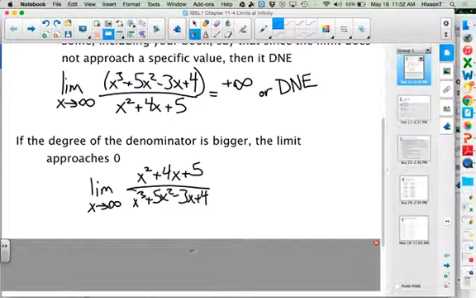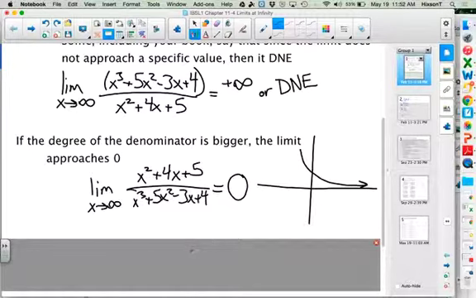So we are dividing by a larger and larger number. You say, well, the numerator is getting larger too. Yes, but the denominator is getting larger faster. So it's going to approach 0. What do we call that, by the way? An asymptote. So our limit approaches 0.